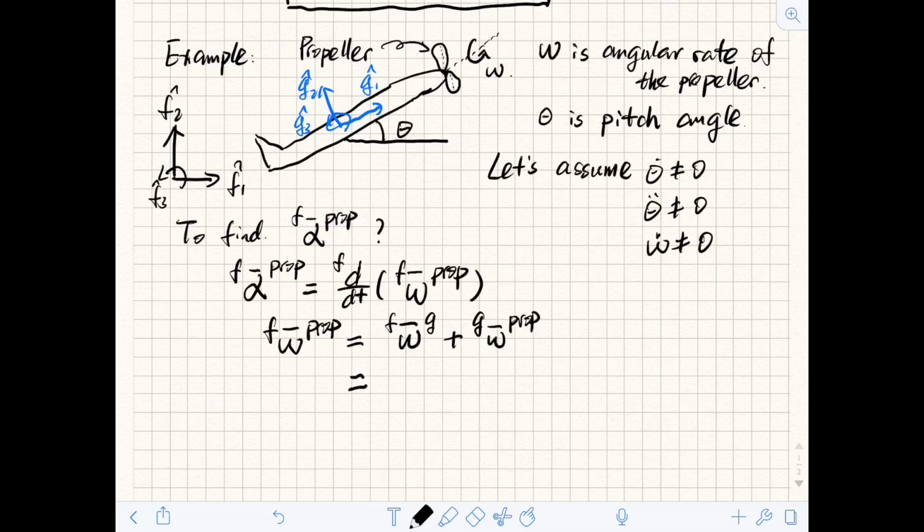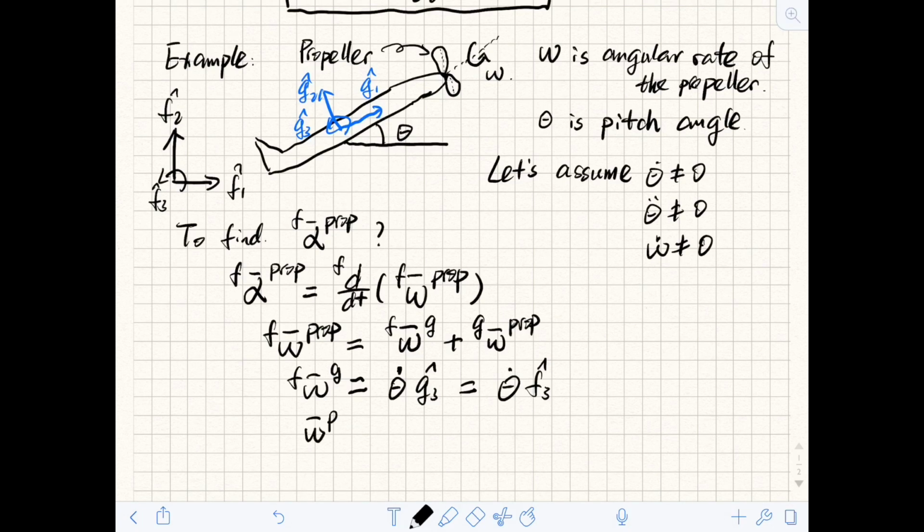So we know the angular velocity of the g frame, or the aircraft, relative to F is theta dot. That's the angular rate in the direction of G3. And we also know that G3 has the same direction as F3, so those two expressions are the same.